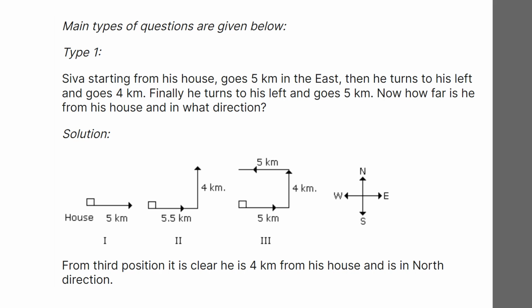Now coming to the type 1 question which we have here, Shiva starting from his house goes 5 kilometers in the east, then he turns to his left and goes 4 kilometers. Finally, he turns to his left and goes 5 kilometers. Now, how far is he from his house and in what direction?